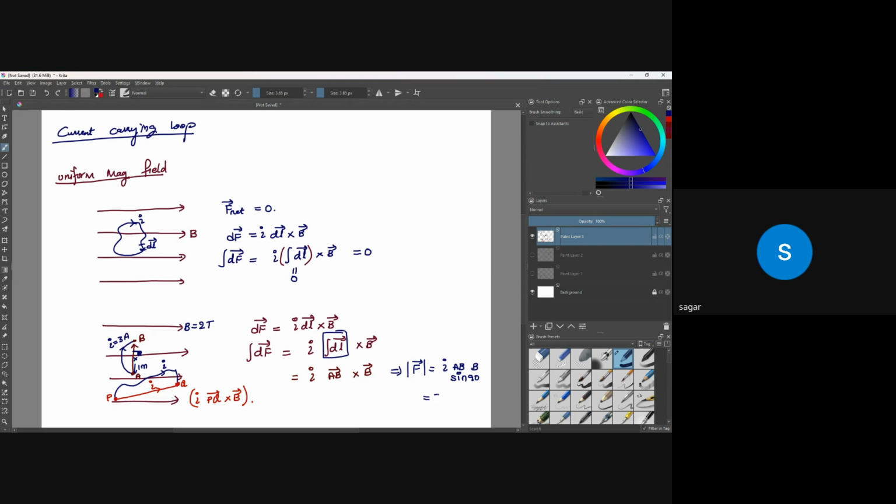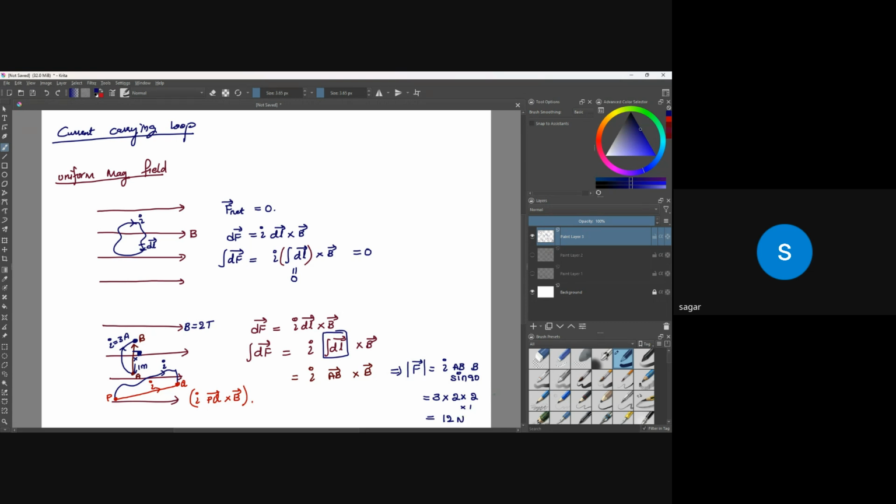So current is 3 ampere. AB is the distance between the 2 points A and B, which is nothing but the diameter. The radius is given as 1 meter, so the diameter is 2 meters. That is the length AB, and the magnetic field is given as 2 Tesla, and sine 90 is 1. So that is 12 Newton.